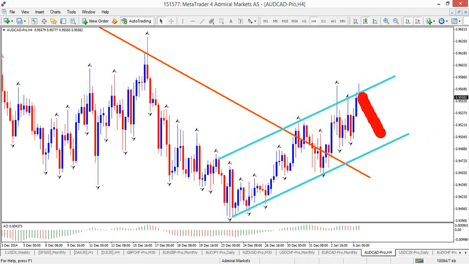If we get back to the bottom, it looks more like a buying zone, despite the fact that maybe this year will become bearish. So that's the AuCAD.